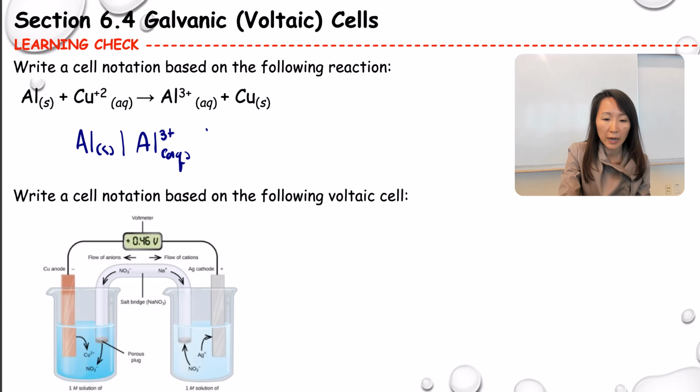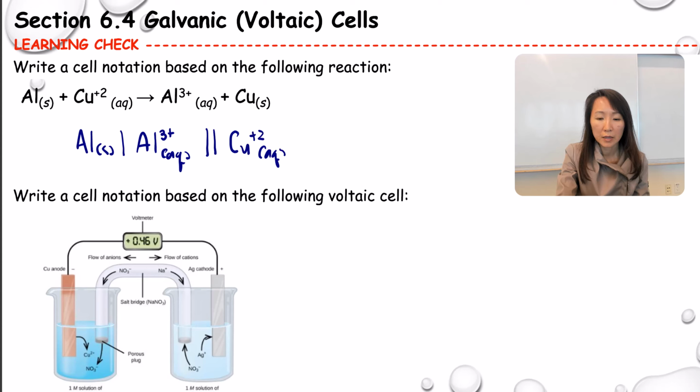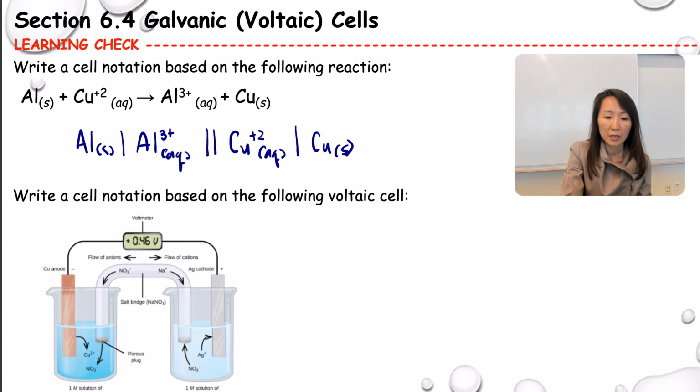Then we have the double bar showing the salt bridge. And then we have the copper 2+ going into copper solid. So everything here is what's happening in the anode, and this right here is whatever is happening in the cathode.